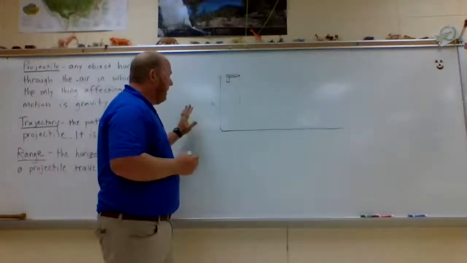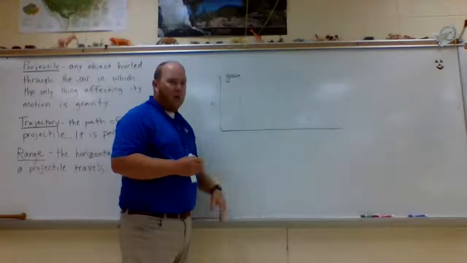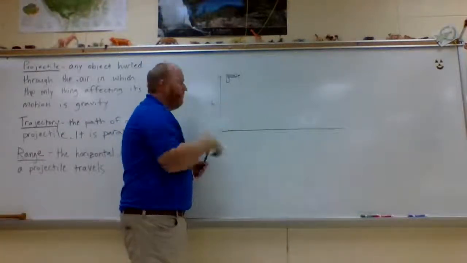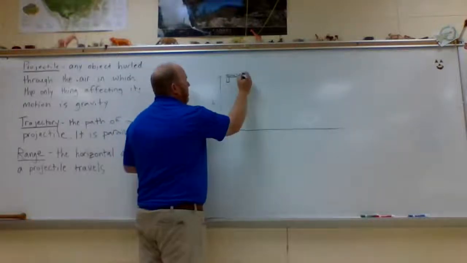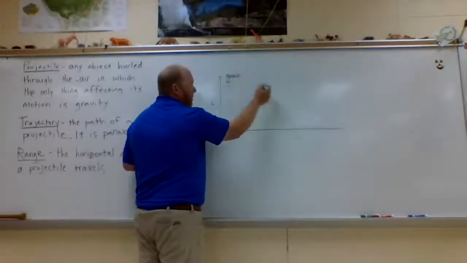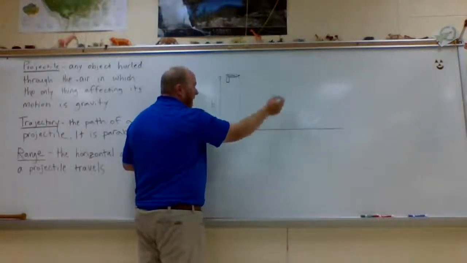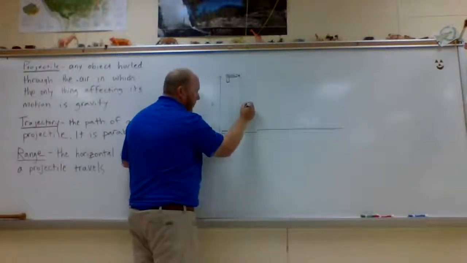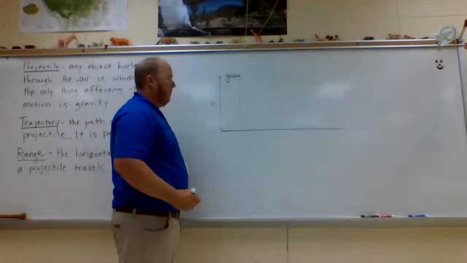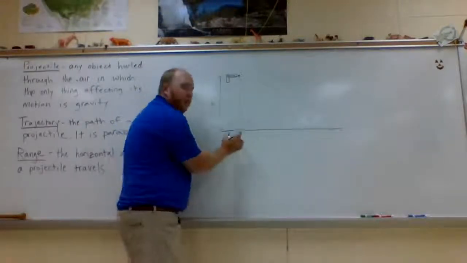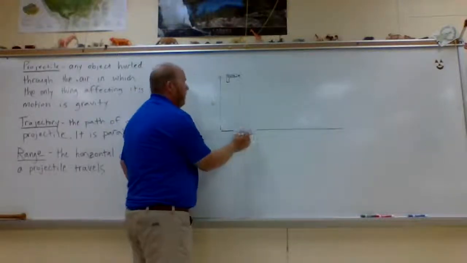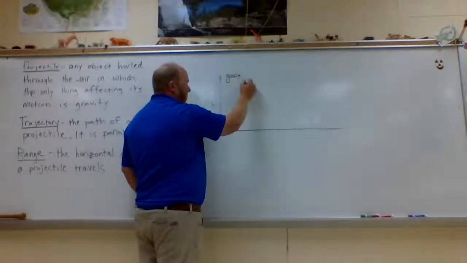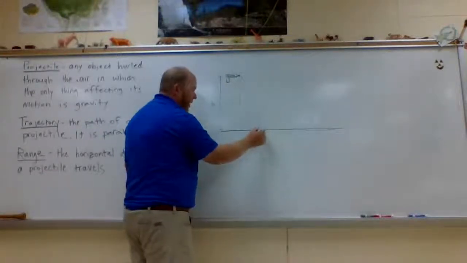But what if I give it a very small velocity, a small firing in that direction? It may start off this way, but it's not very fast, so it doesn't go very far, and it kind of does something like that. But now we've got a little bit of distance right here that is traveled. Same way if I fire it a little bit faster, it gets to there.